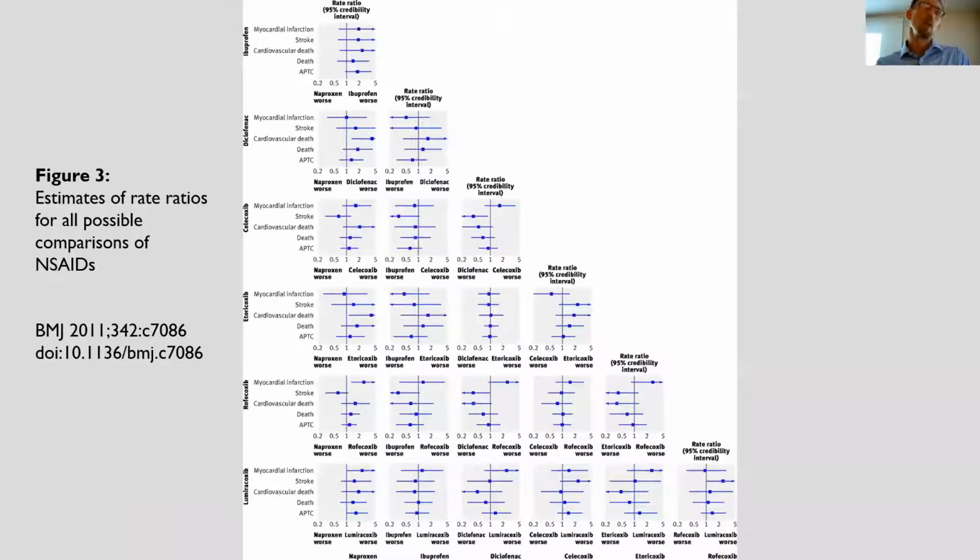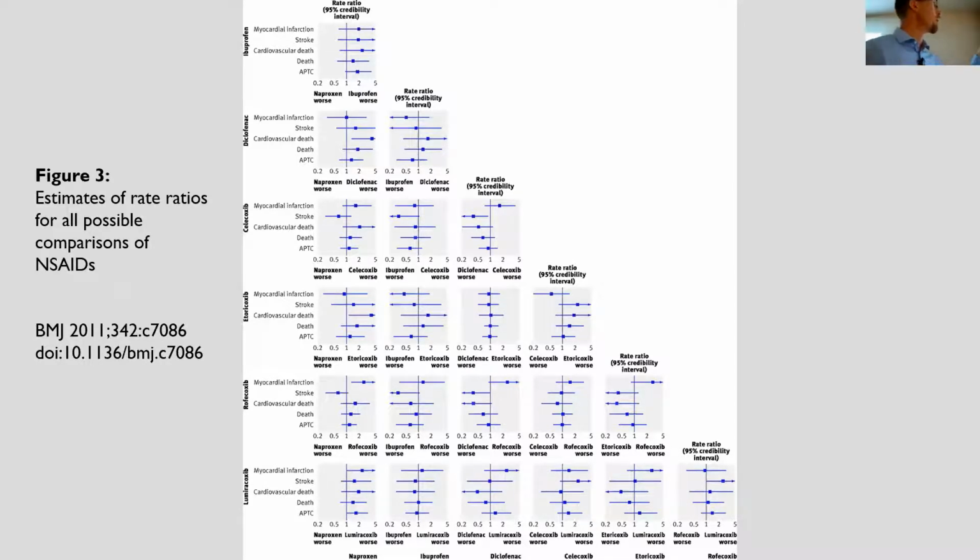Now, you're not going to be able to just take this in. I get that. But I'm going to just tell you what this slide is. This slide represents the comparative risk across different NSAIDs. And if you ever want to pull the slides up and study it, you're welcome to it.